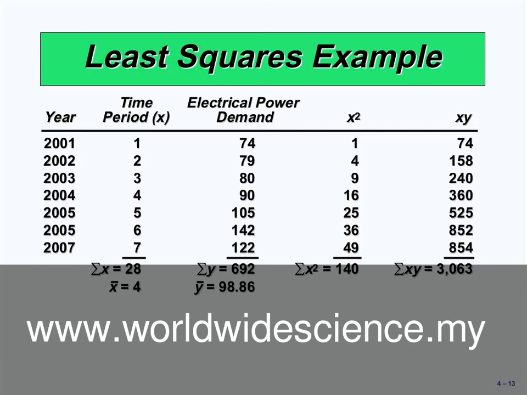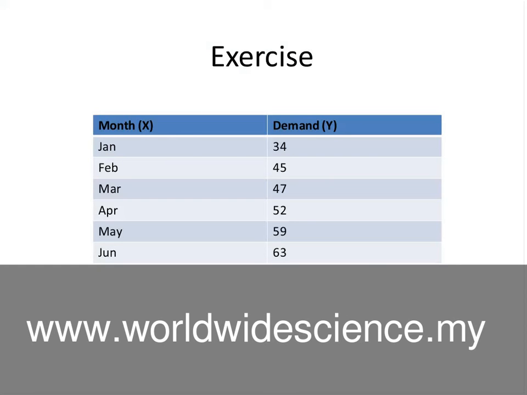We have January, February, March, April, May, June. They are X. And in this equation, X is in the linear equation that we have calculated. Please see this: y equals 29 plus 6x.